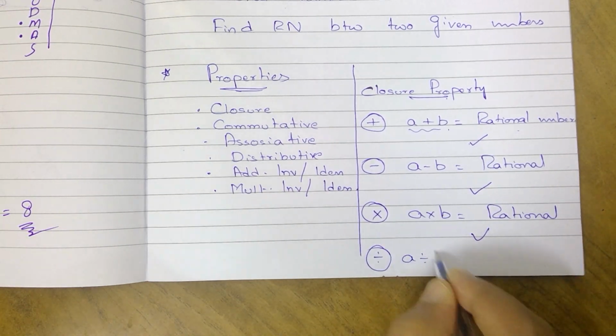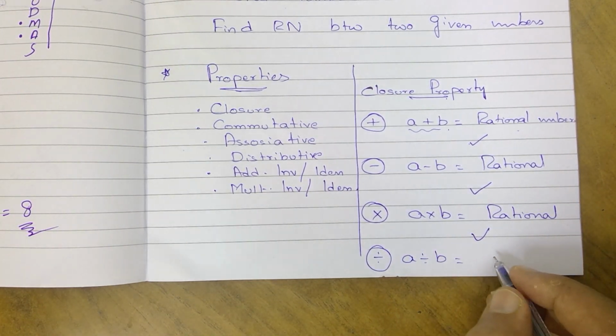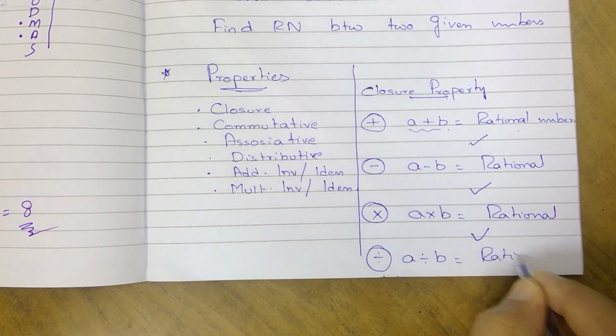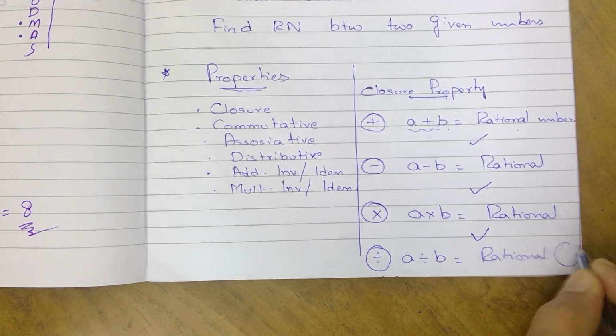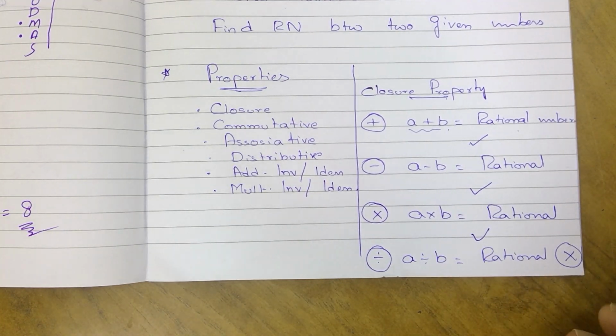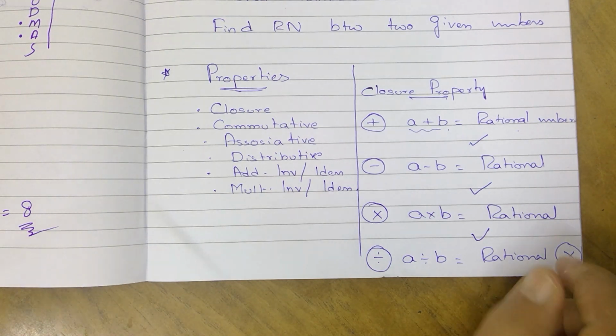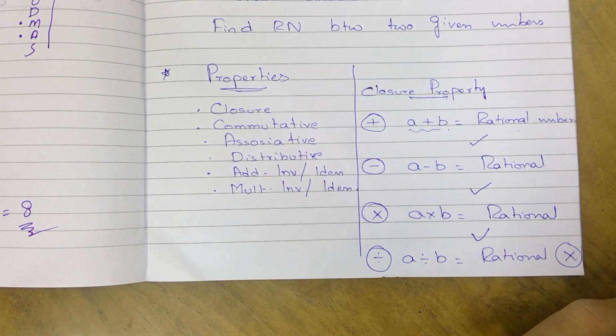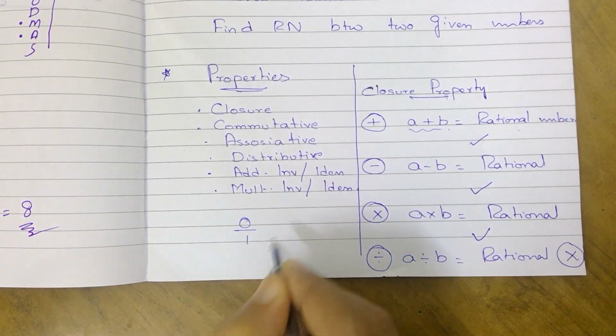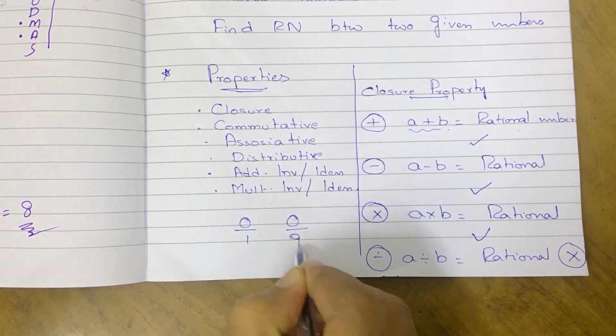And coming to the last one, division. When you divide two rational numbers, the result also should be a rational number. But unfortunately, division is not satisfied, because 0 is a rational number. 0 you can write as 0 by 1 or 0 by any big number.